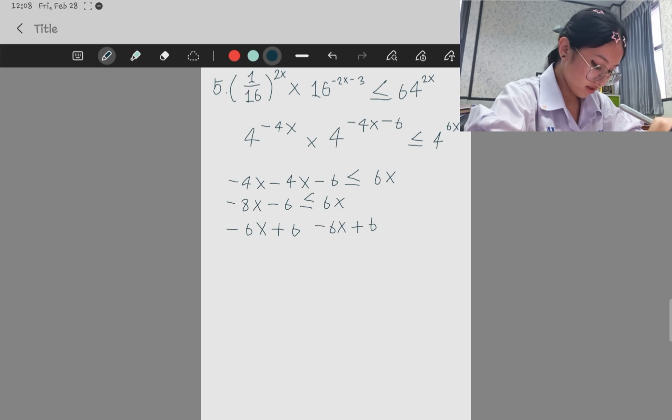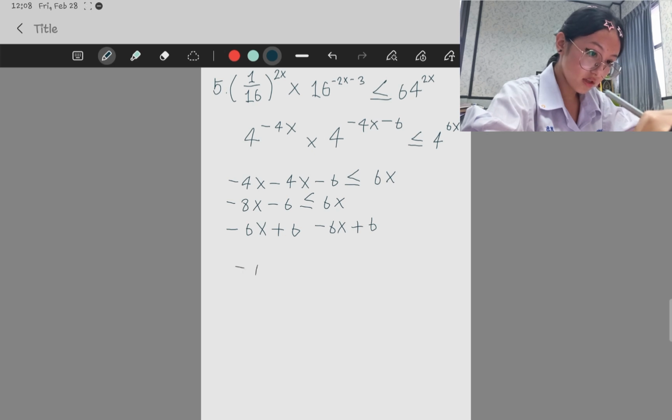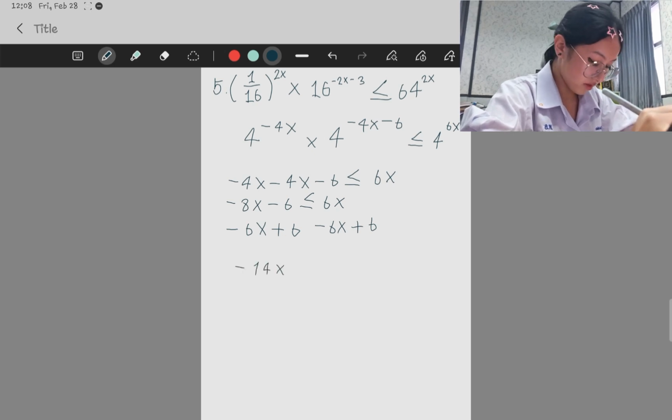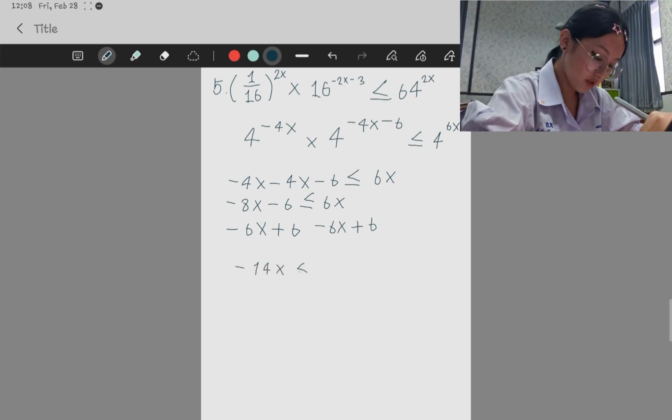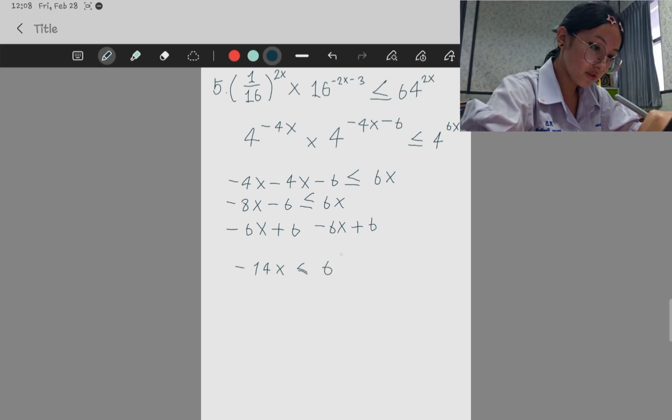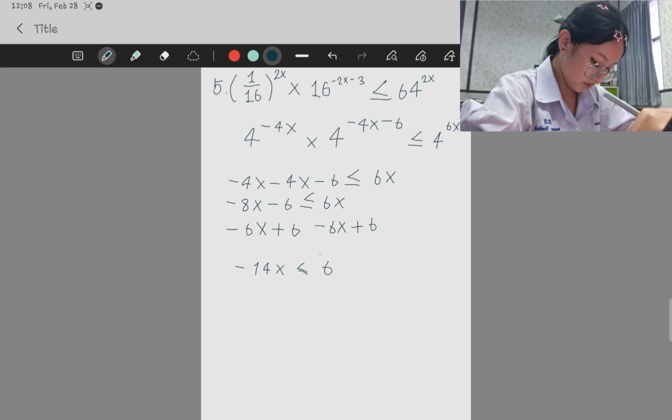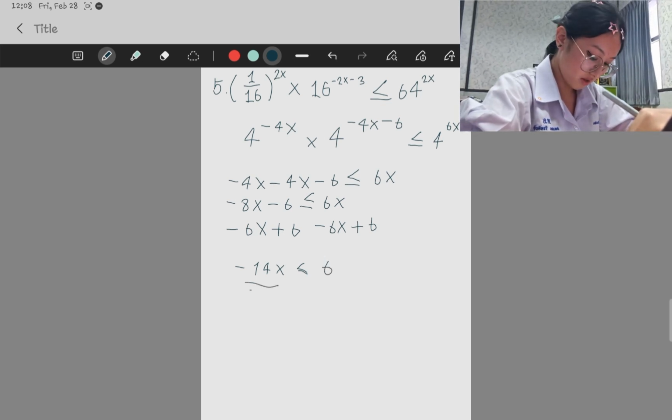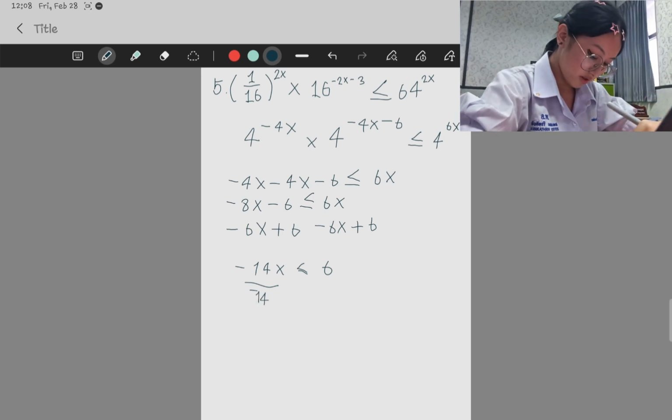After that, it turns to negative 14x more or less than 6. To get rid of negative 14, you put negative 14 on the bottom, both left and right.